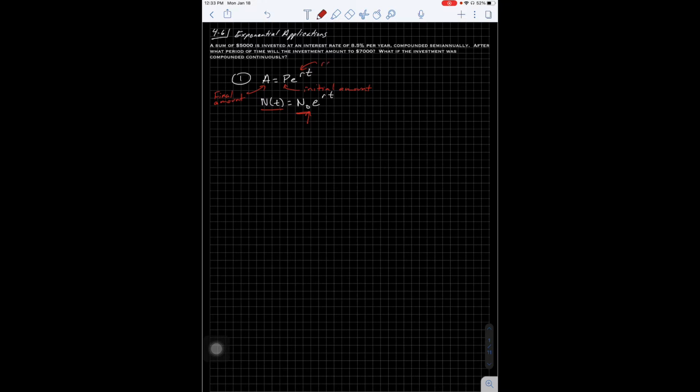R is a rate, and remember that we don't use percentages in math. So this rate has to be a decimal. And t represents time. Now let's take a minute, and the labels on things are really going to help you in this section if you pay attention to them.